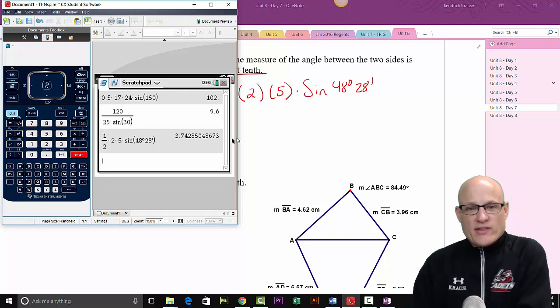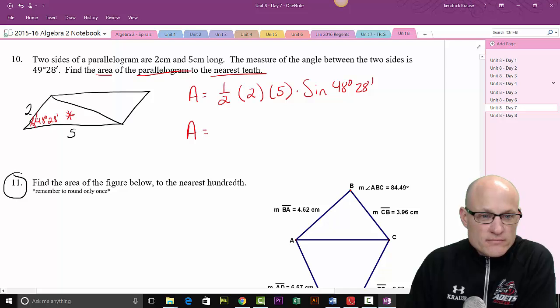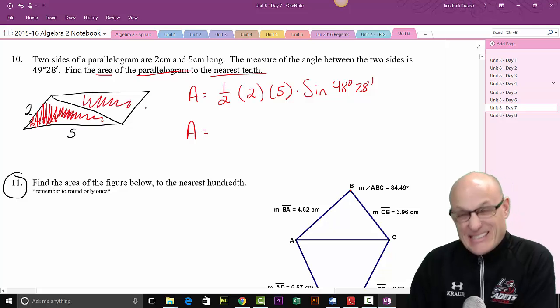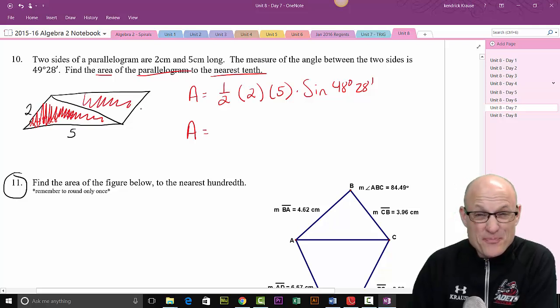But let's think about this for a second. This triangle and this triangle are really the exact same triangle. So then my question is to you, do I really need this half? Because what I have now is 3.7 something, and in order to get this, I'm going to have to double it. Well, that's like an extra step. If I just got rid of this half, I wouldn't have to worry about that doubling anymore.